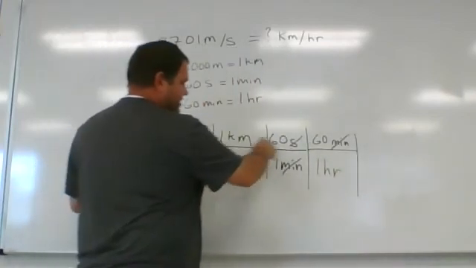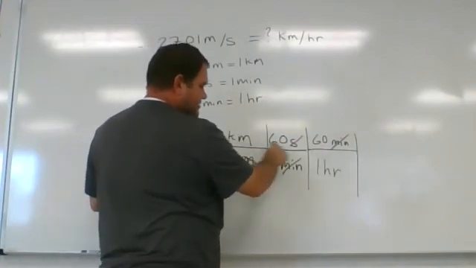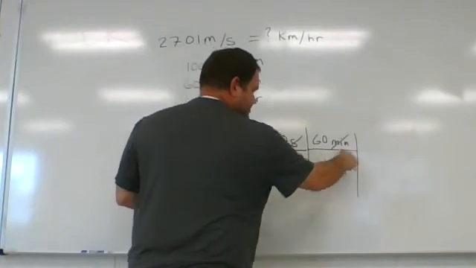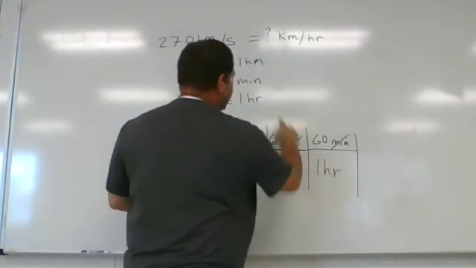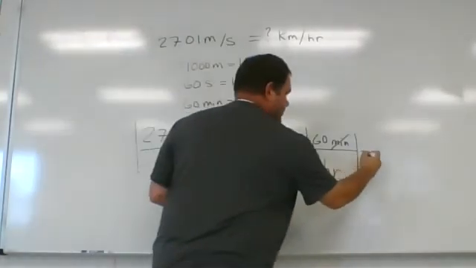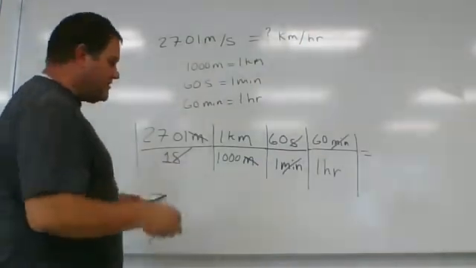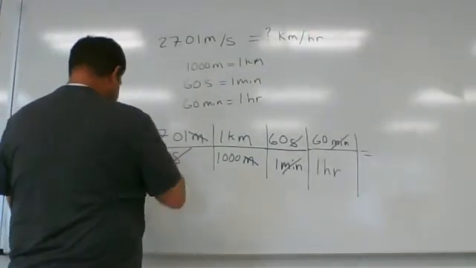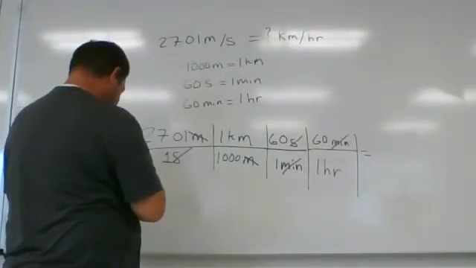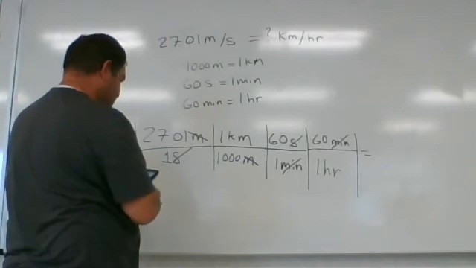If I scan my units here, all I have left is kilometers per, there's my division sign, per hour. And that's exactly the units I'm looking for, kilometers per hour. So now I do the math. Once I know the units check out, I do the math. So I'm going to take my 27.01, divide by 1,000.